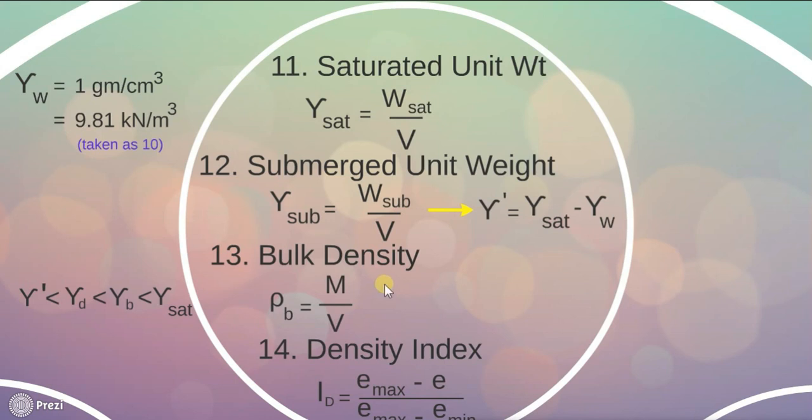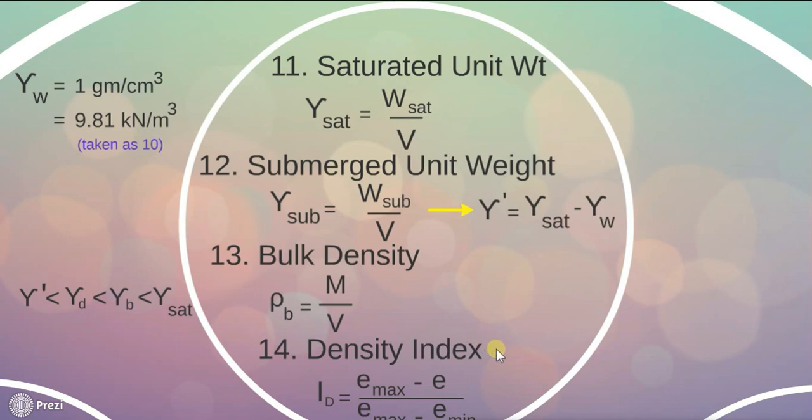Sometimes in problems bulk density is also used instead of unit weights. While solving the problems, keep one thing in mind, that 1 centimeter cube volume will be equivalent to 1 milliliter of water, 1 ml of water.